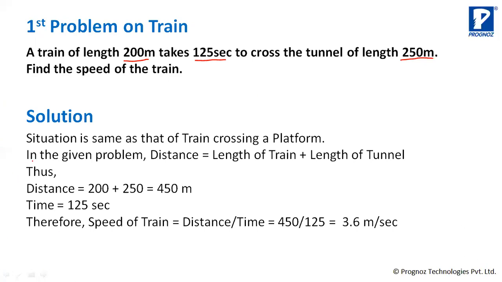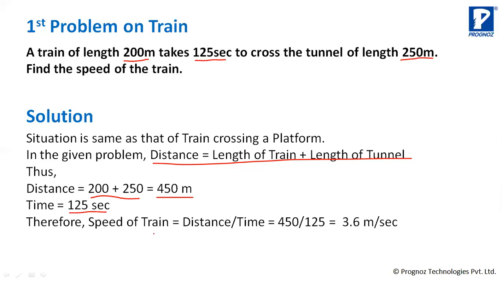And in this given problem, distance is equal to the length of the train plus the length of the tunnel, which means 200 plus 250. That is 450 meters. And the time taken is, as given here, 125 seconds.